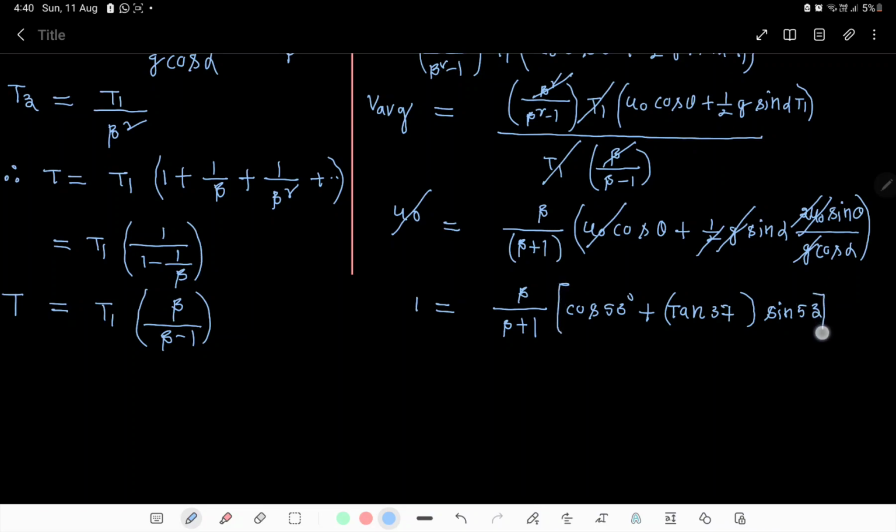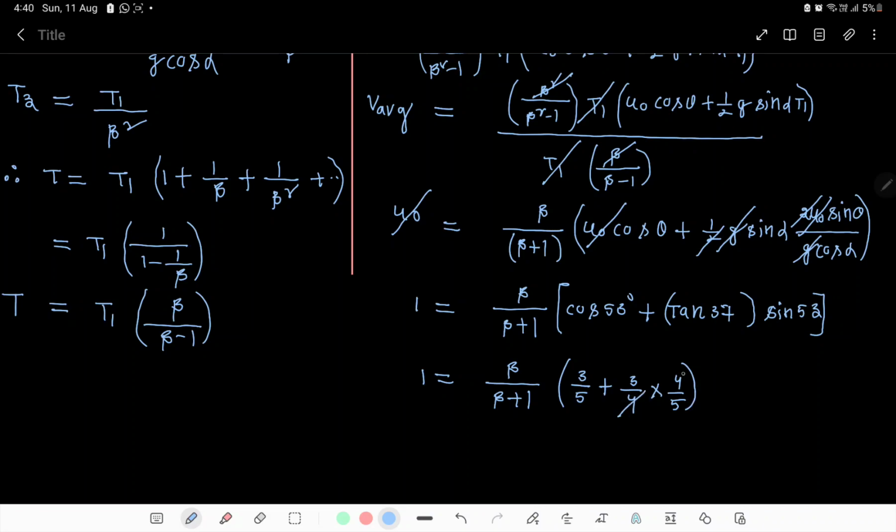So we can write 1 equal to beta by beta plus 1 into cos 53. Cos 53 is 3 by 5, plus tan 37 is 3 by 4 into sin 53, which is 4 by 5.